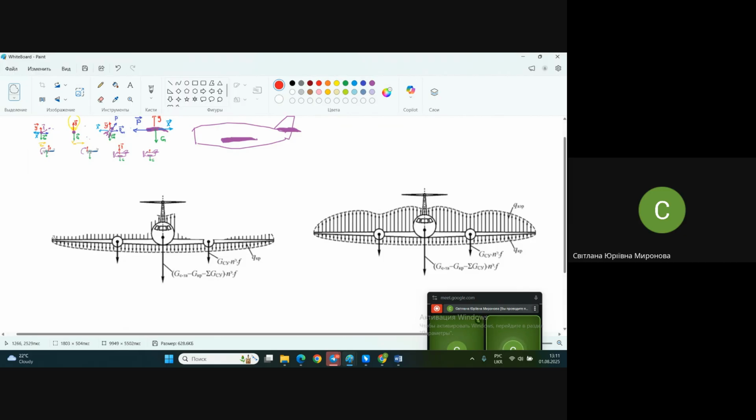We also have some distributed load. It's maybe even shown as distributed with the same value, in case we have a straight wing. In case the wing is of tapered shape with different root and tip, the distribution here is less and here is higher in value.